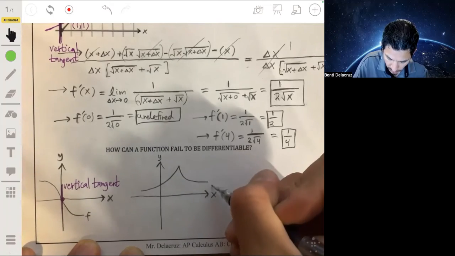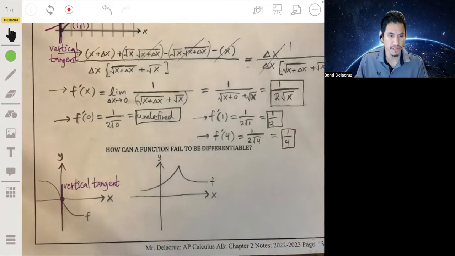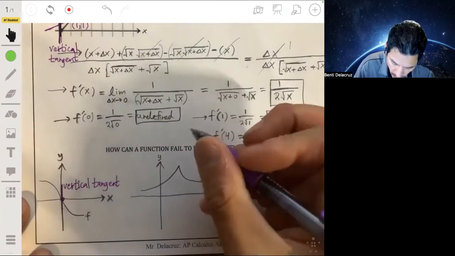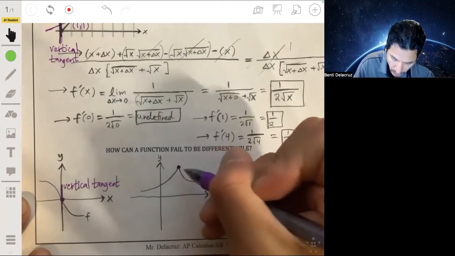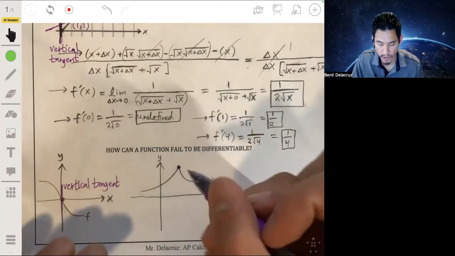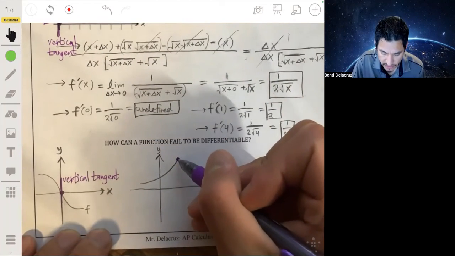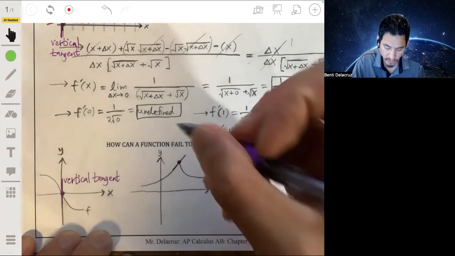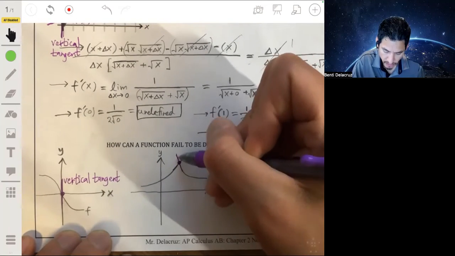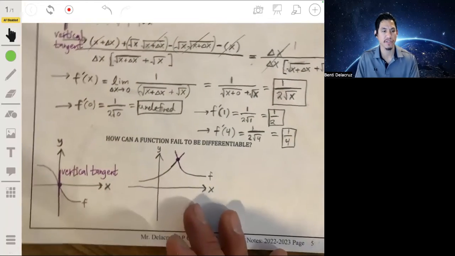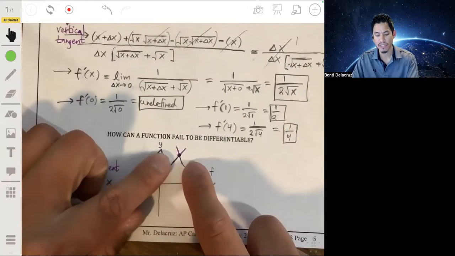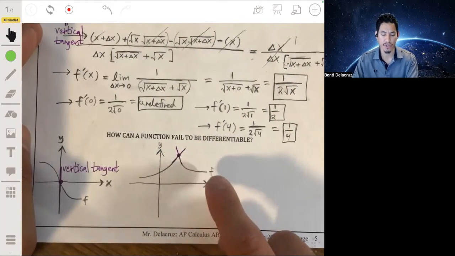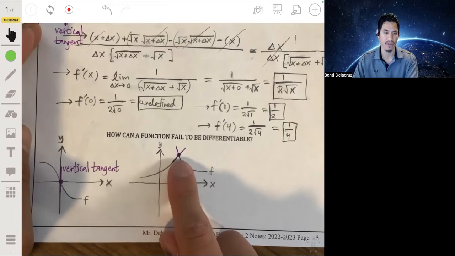This would be our graph of f. Something is going on with the derivative here, because from the left side, the derivative would be something like that. But from the right side, the derivative would be sloping like that. So the problem is that the derivative is not equivalent when you approach this graph from the right and from the left.